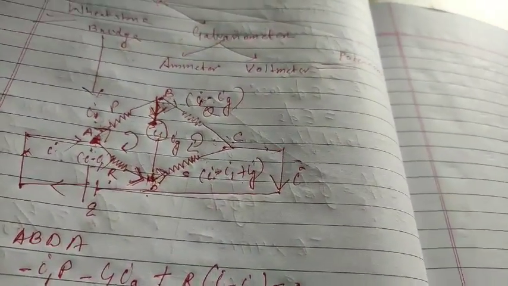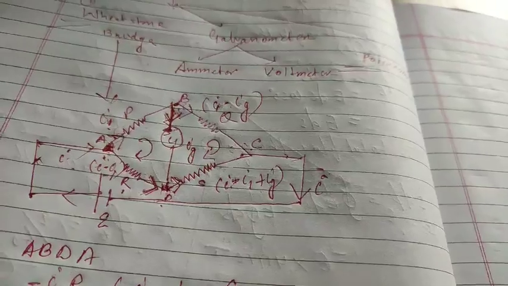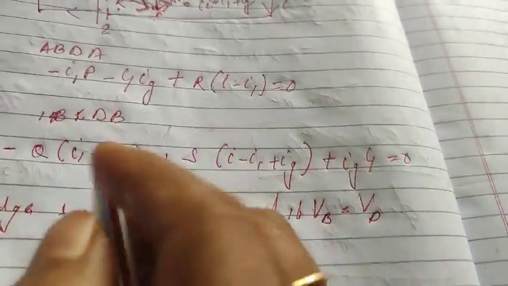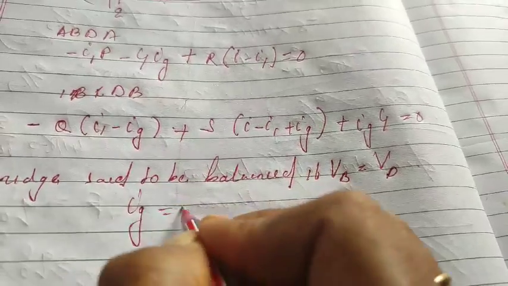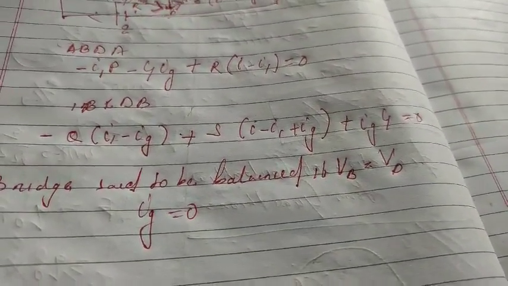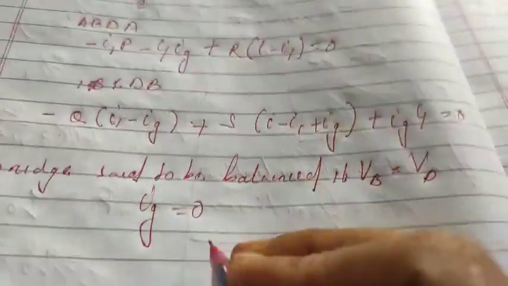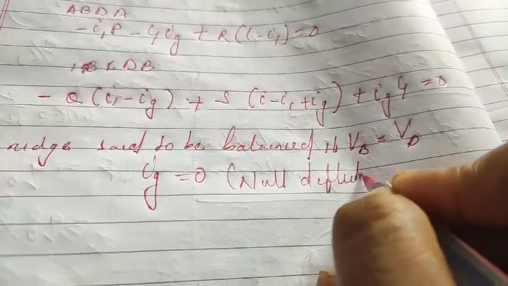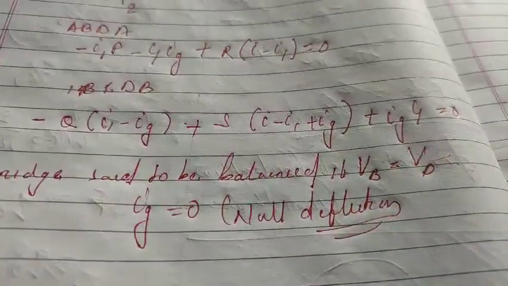So now suppose my potential VB is equal to VD when the galvanometer shows no deflection, that is 0 deflection, when you are also not passing current, right? So you have to see the null deflection. This is known as null deflection, when you are not passing any current, but the potential difference between the two junctions is the same.